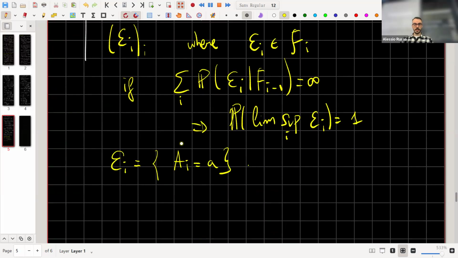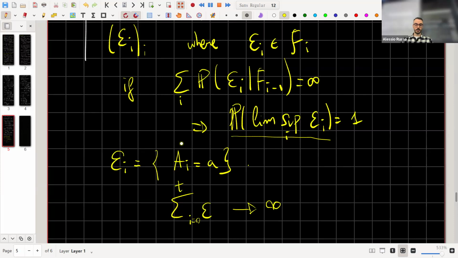So the sum over i of these probabilities is at least lower bounded by the sum over i of epsilon, where i goes from 0 to T. As T goes to infinity, this also goes to infinity. So this means that arm A is chosen infinitely often.